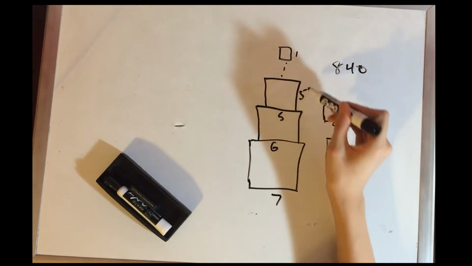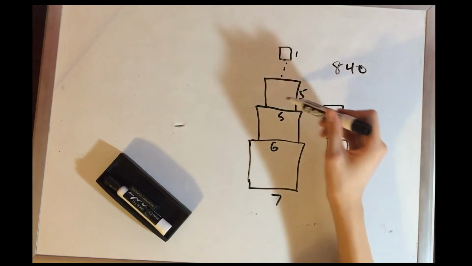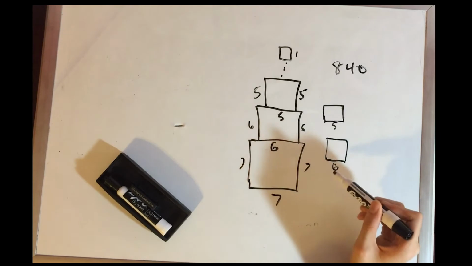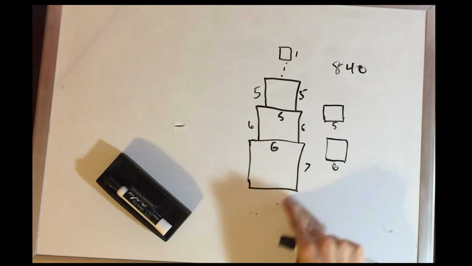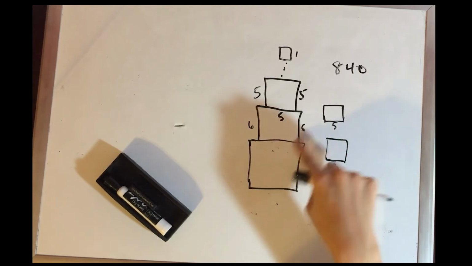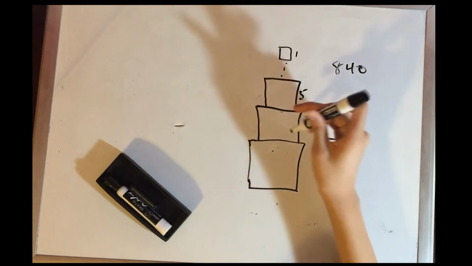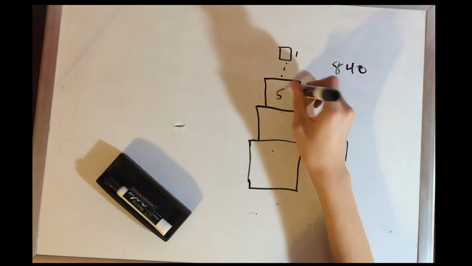And sorry, my diagram looks kind of wonky, but this is the 5 cube, this is the 6 cube, and this is the 7 cube. Sorry for that. Maybe I should just write the side lengths in the center so you don't get confused, because if you write it on the sides here, you might get confused which one's which. But I'll write the side lengths in the middle.